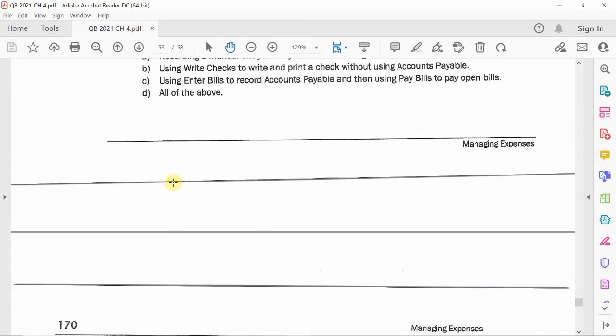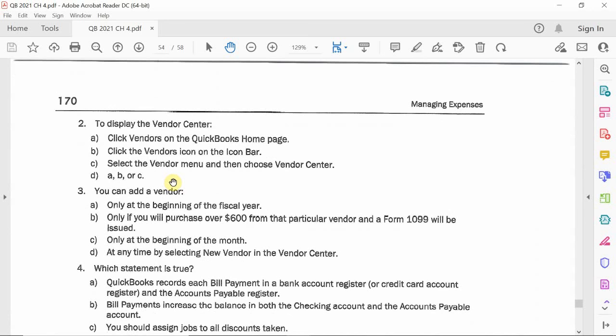All right. Those were the 3 ways I taught you how to pay a vendor. Okay. Number 2, to display the vendor center. A, B, or C is correct because, again, there are 3 ways that you navigate QuickBooks, and these are all 3 ways.